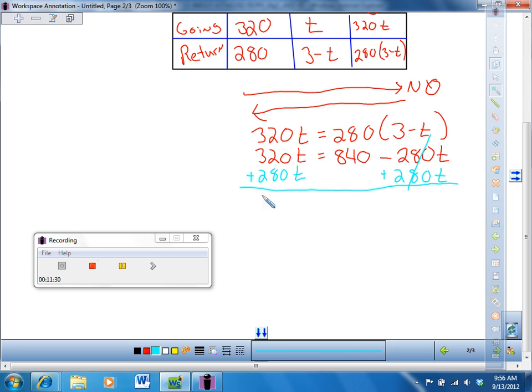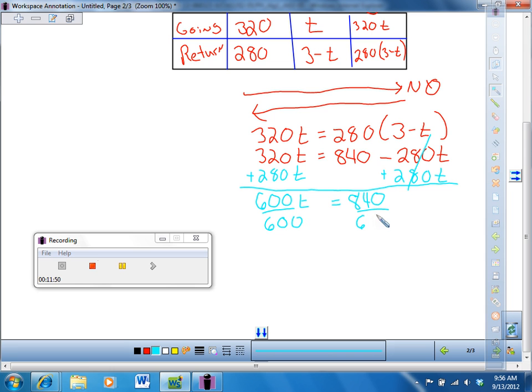And I get 600T equals 840. And then I divide both sides by 600.